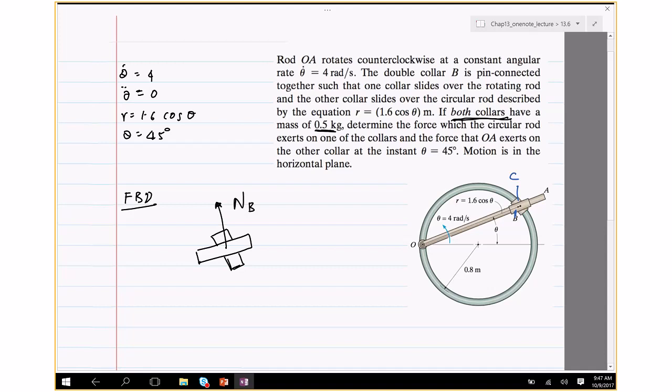Similarly, the other collar, C, slides along the circular rod. So the force, again, is going to be normal to the surface. In this case, the surface is a circular rod. So the normal to the circumference of a circle always passes through the center of the circle. Let's call this O, it always passes through the center of the circle.